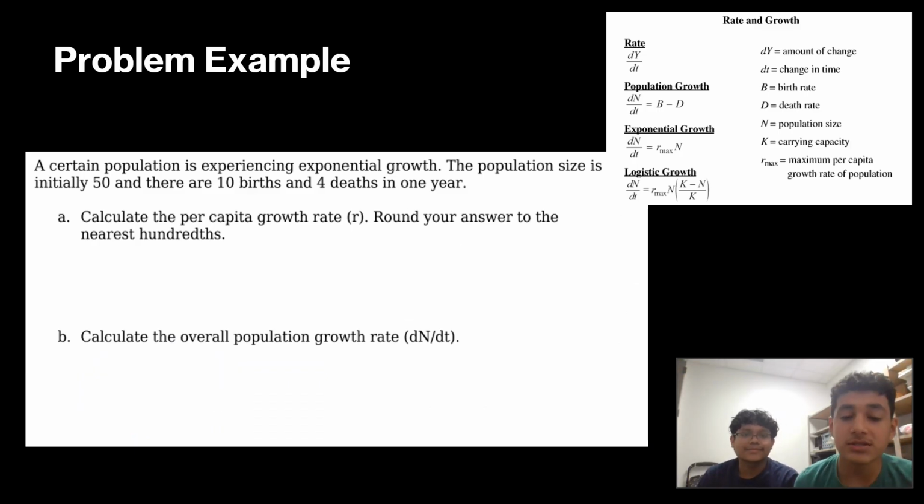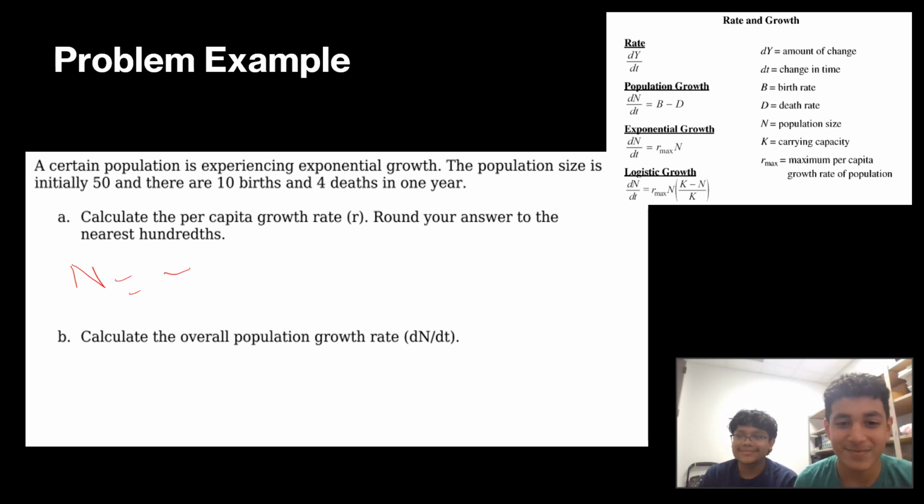Alright, here's now a practice problem. It says a certain population has experienced exponential growth. The population size is initially 50 and there are 10 births and 4 deaths in 1 year. A. Calculate the per capita growth rate r. Round your answer to the nearest hundredth. To start off, we need to know the population size, which is N, which equals 50.